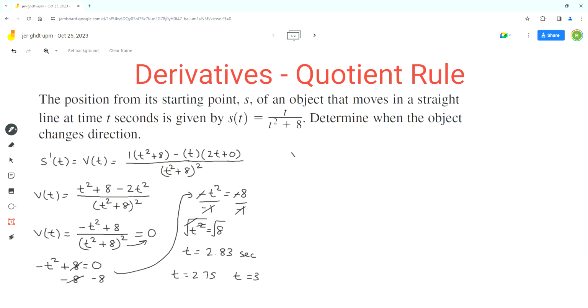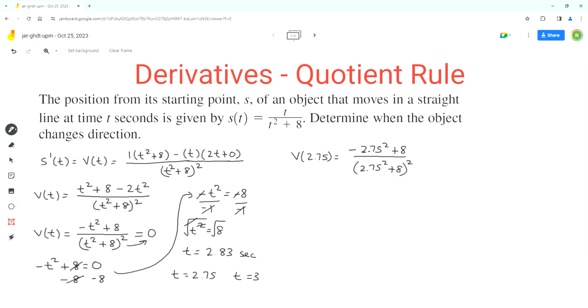So let's start with v at 2.75. We'll use the velocity function, negative 2.75 squared plus 8 over 2.75 squared plus 8 squared, where we're subbing in t as 2.75.